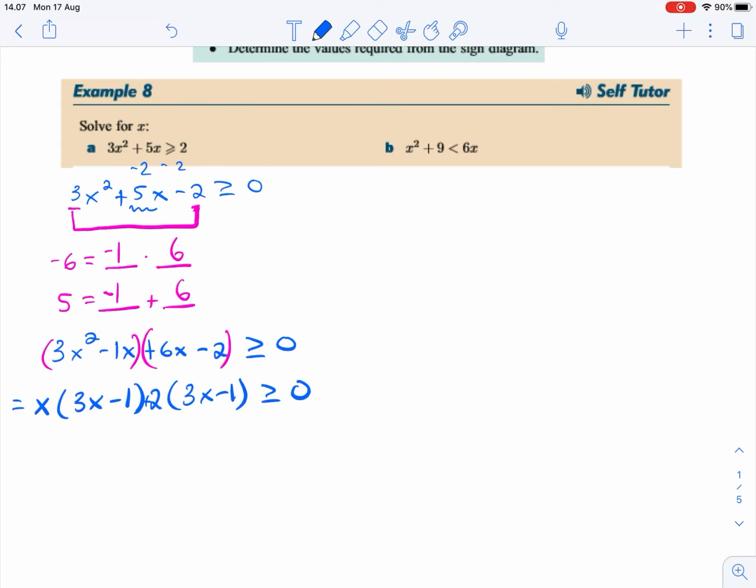Notice that I have two terms that are being multiplied by the same thing, so that's a common factor. So I can rewrite this as 3x minus 1 times x plus 2, and that's going to be greater than or equal to 0.